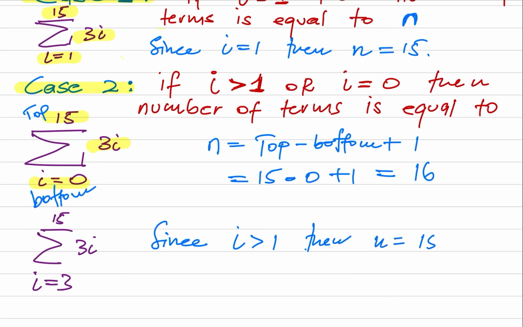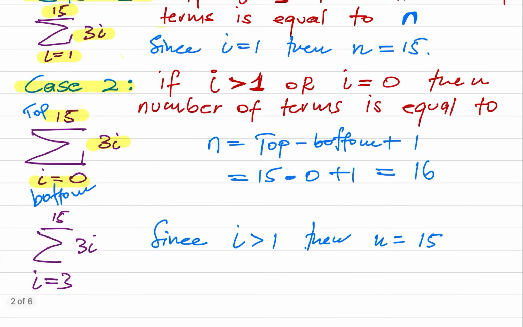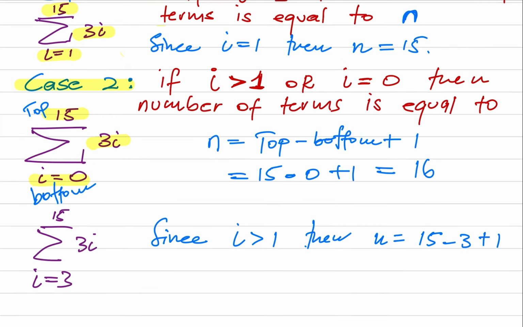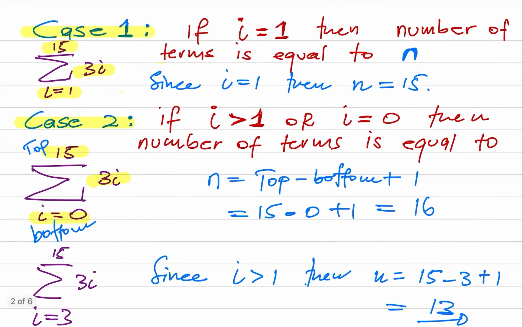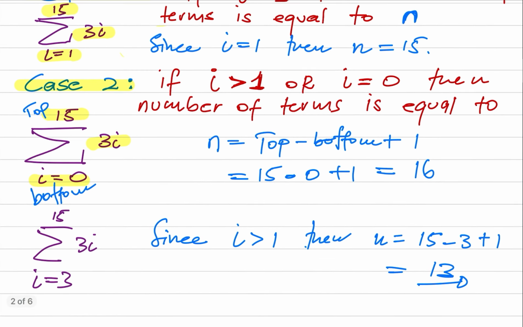You're going to say 15, that means your top, minus your bottom, which is 3, plus 1. So 15 minus 3 is how much? It's just 12. Then 12 plus 1, we have 13 there. So that means we have 13 terms. So the number of terms is not 15, it is just 13.